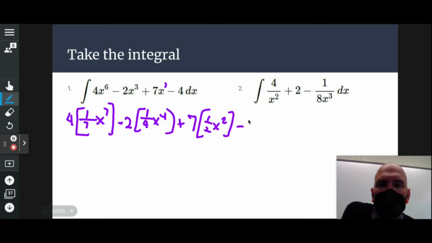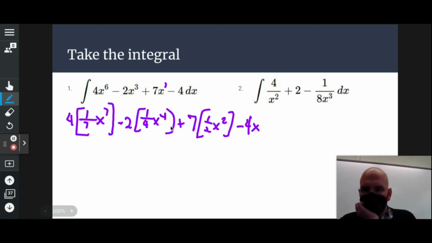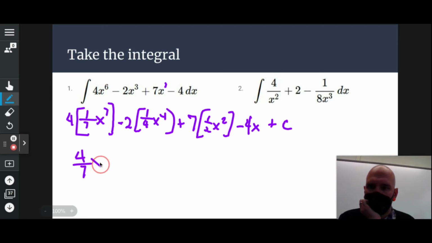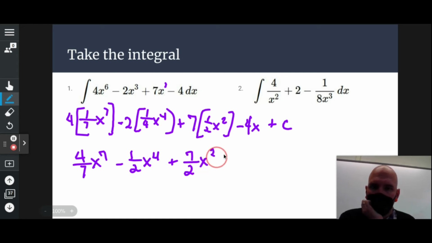And if it's just a constant, you just attach the x. Plus c. 4/7 x to the 7th minus a half x to the 4th plus 7 over 2 x squared minus 4x plus c.